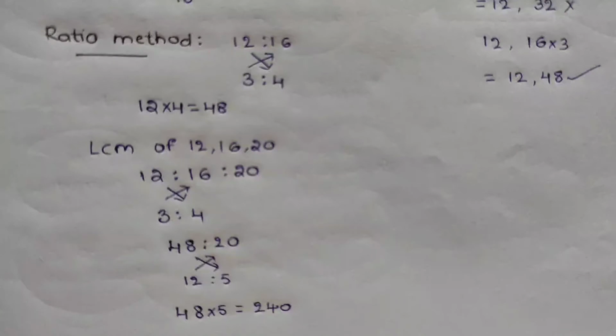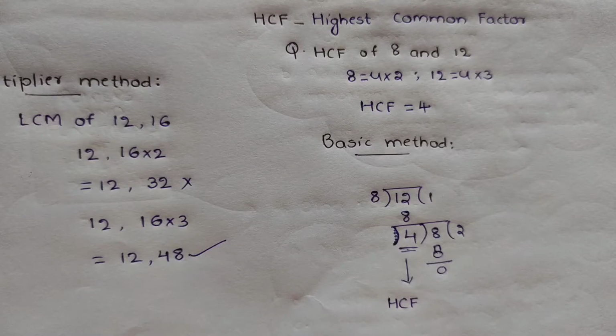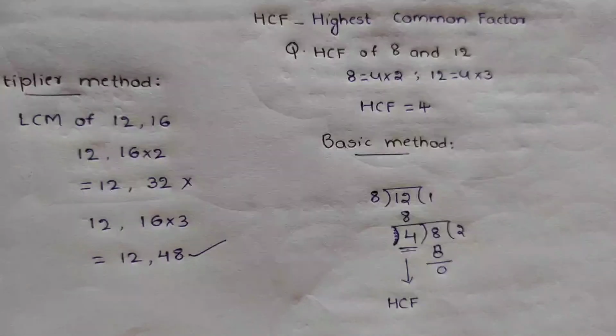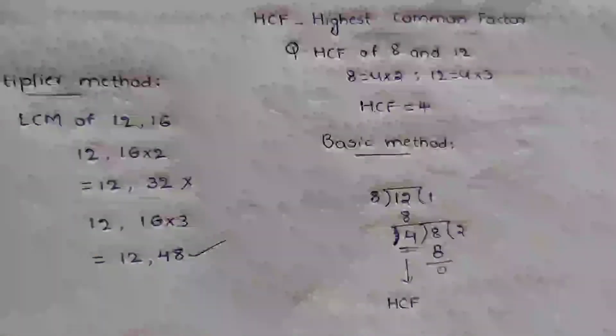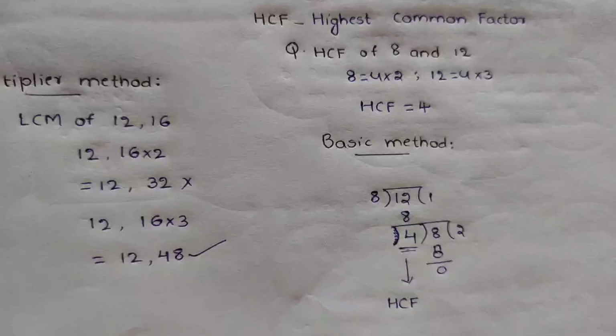Now if you use the multiplier method for getting the LCM of 12 and 16, what you have to do is take the larger number, that is 16. The larger number 16 can't be divided by 12. So at this point you have to multiply it, that means double it.